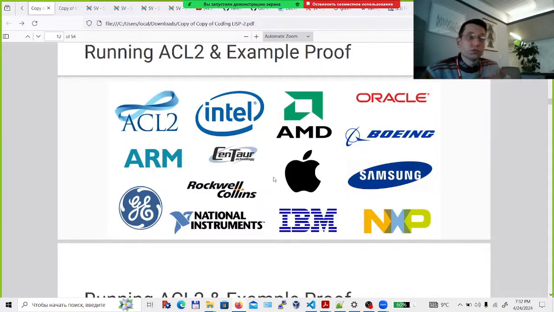It's a theorem prover famous among companies on the slide like Intel, AMD, IBM, ARM, etc. They use ACL2 and many other things.